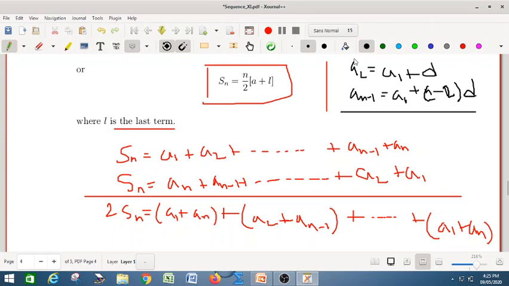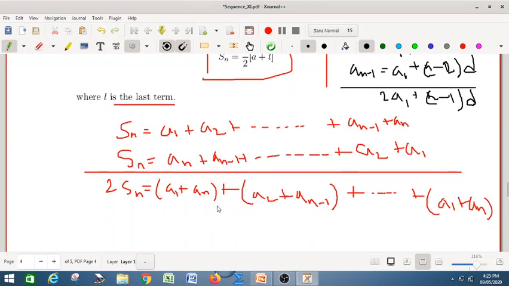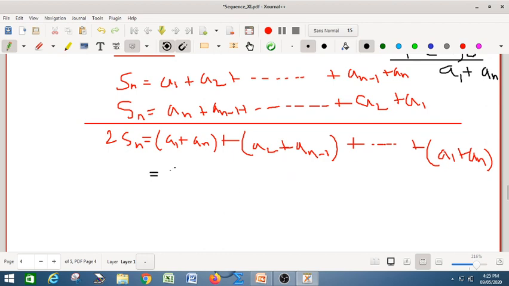If you add these two terms, you will get twice a1 plus n minus 1 into d, which is nothing but your a1 plus an. So this is nothing but your a1 plus an. So all the terms will be a1 plus an.